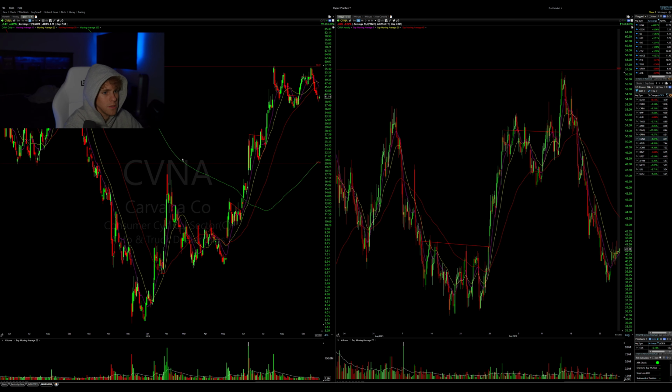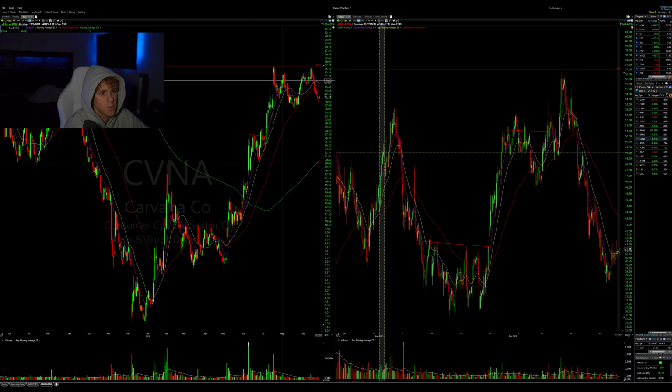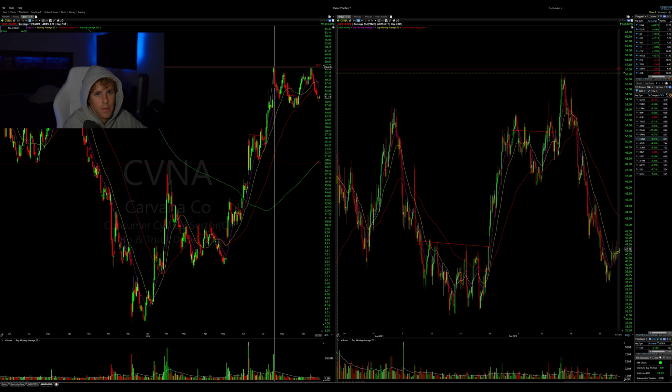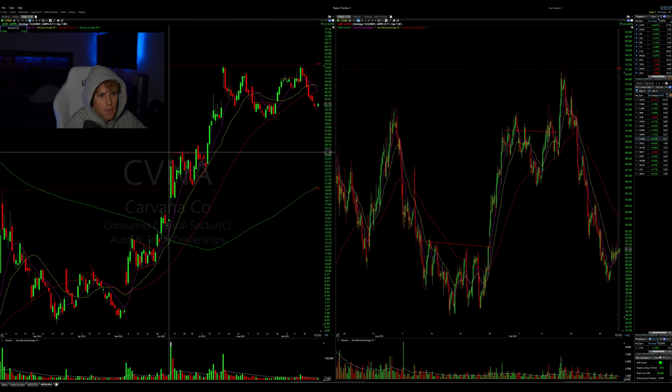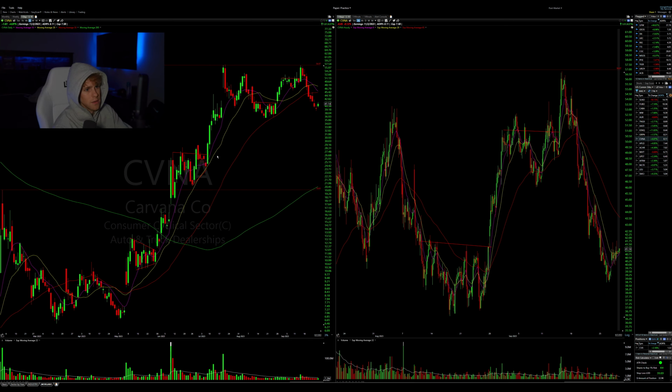Carvana here was a leader of the market for a while, made a 100% move in 2 weeks. The setup there is not typically what I would want to see, but it's a leader in a leading sector, right? That's literally all it comes down to.